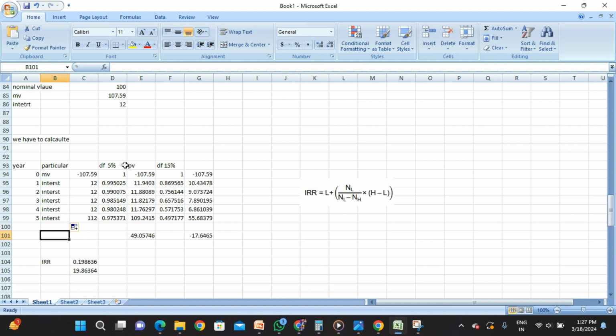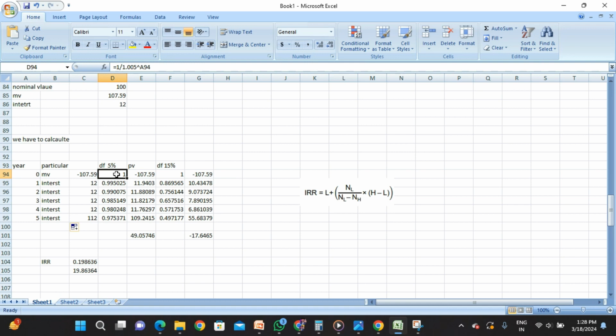And you all know in IRR we have to assume two NPVs, one higher and one lower. At the lower discount factor we receive the positive NPV, and at the higher we receive the negative NPV. For the discount factor, always remember this formula: 1 divided by bracket 1 plus discount factor, bracket to the power of the year.